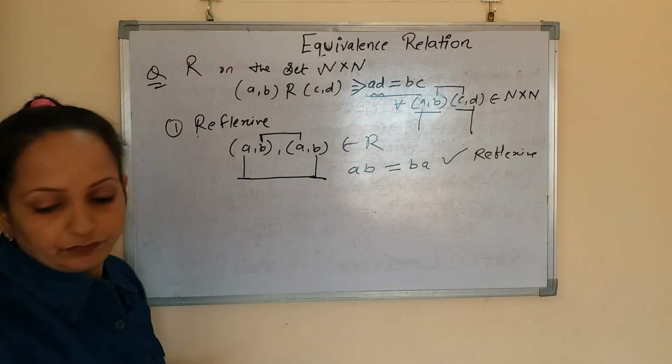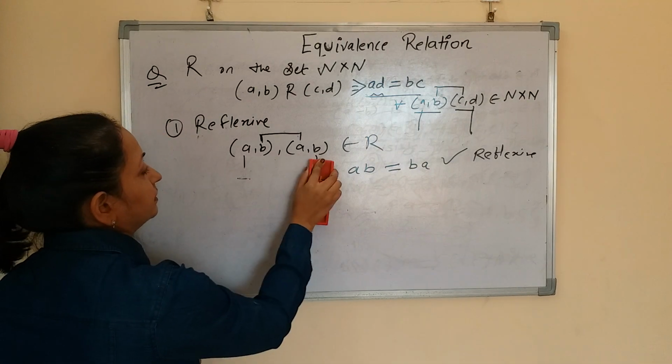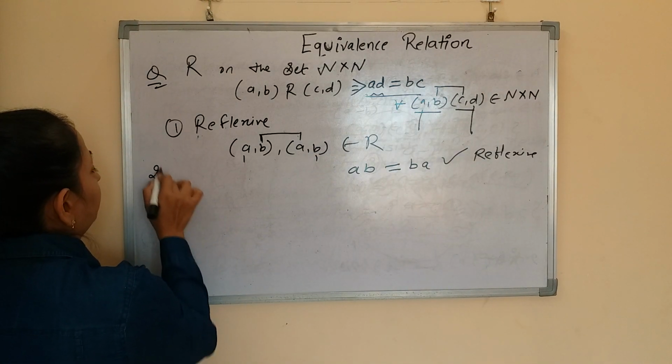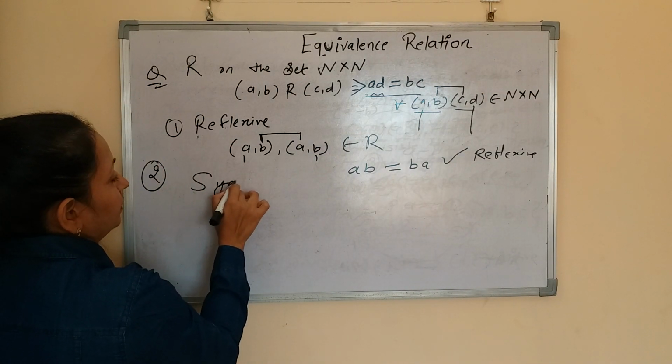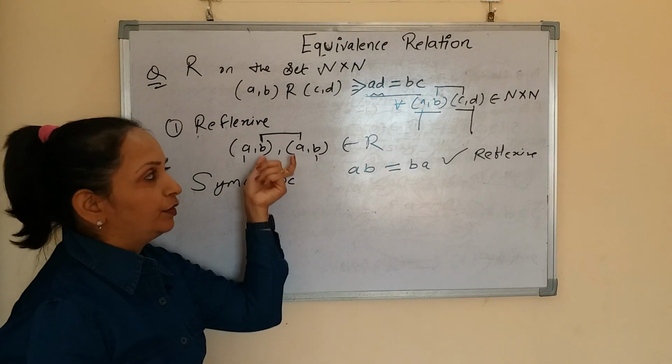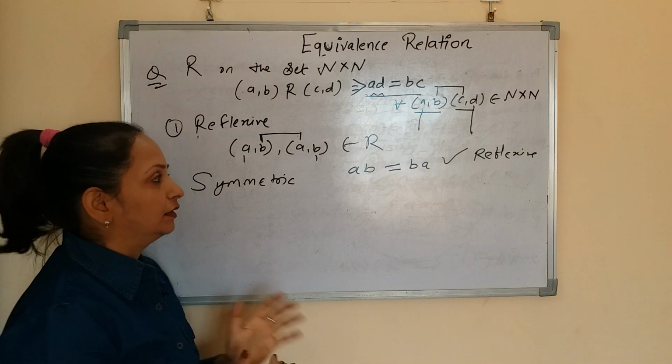Now we have to check for the second condition, that is symmetric. We have to check if the relation is symmetric or not. So let's just check. But again, keep in mind we are working on pairs, so we have to check on a pair basis.